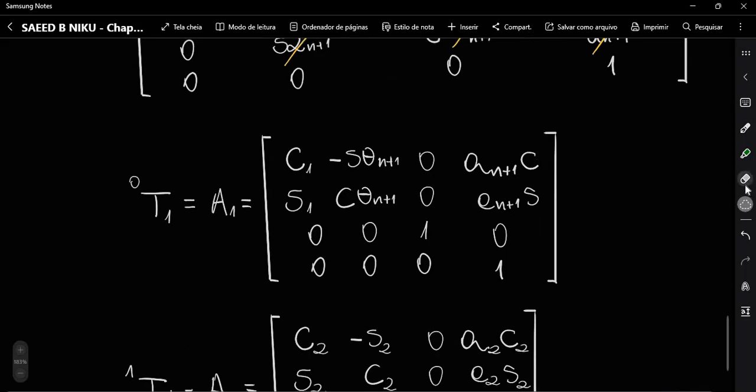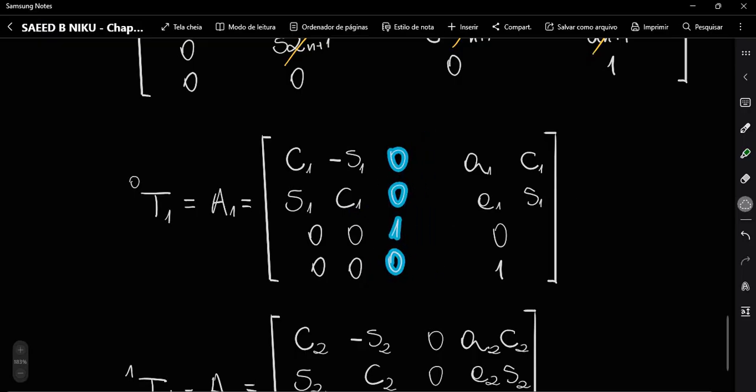Let me correct right here. One. Okay, and now we are ready to solve this using Octave.